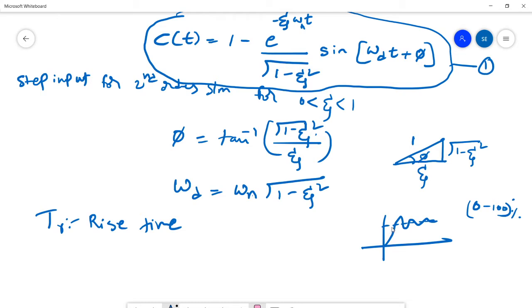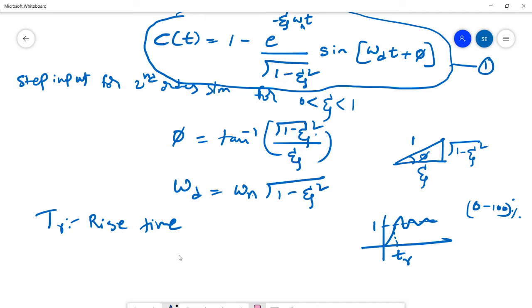for an underdamped system, the rise time we have to take here is the actual desired value 1. Right? The time taken for the system to reach the desired value for the first time, TR. So what is the TR?